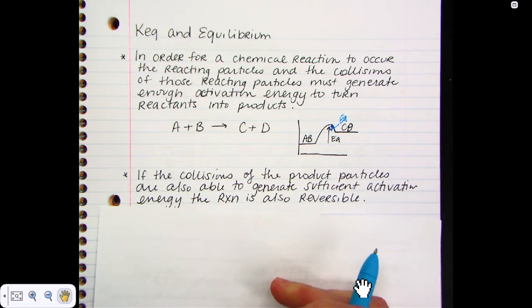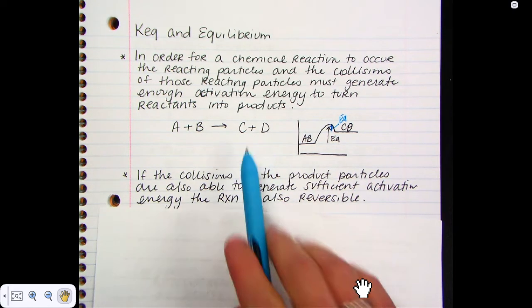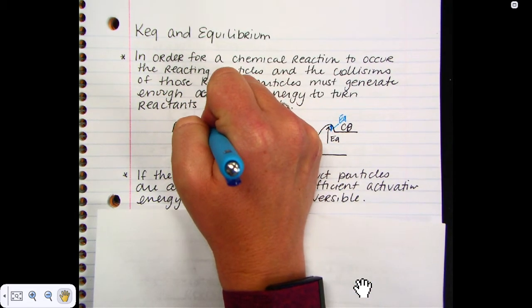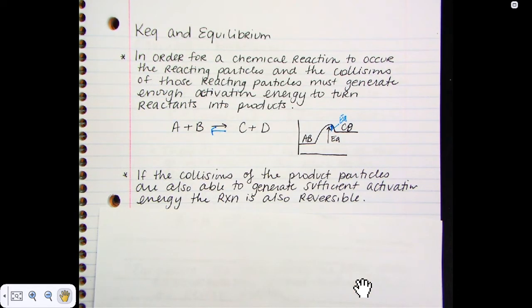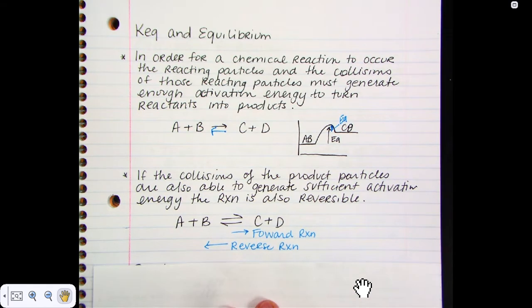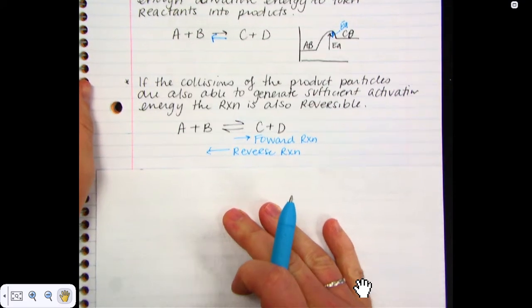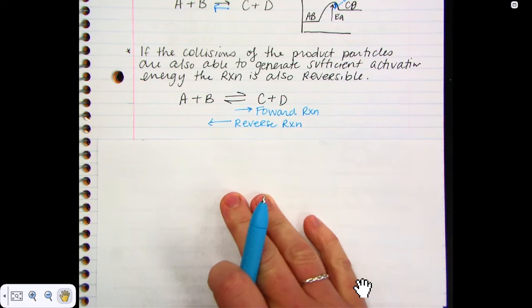But even if this was a larger hump in the reverse direction, it doesn't really matter. Whatever the products are, those collisions have to generate that activation energy if the reaction is going to be reversible. So if the activation energy is generated, then my C and D can go back and form A and B. And when those two processes occur at the same time, okay, we have a reversible reaction.